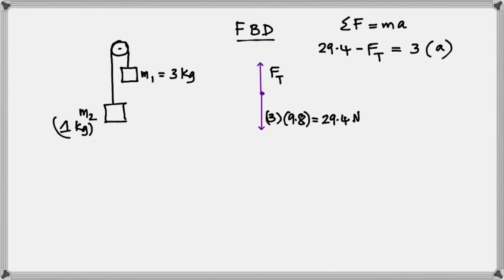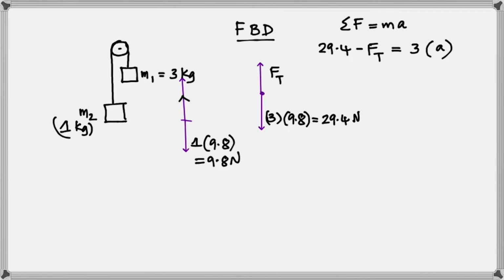Look at the second object now, M2. Let's draw the free body diagram for that. Now for that one again, there is the weight and there is the tension, but the difference is going to be which is bigger. Therefore, when you take the net force for the second object, let me label it first. This is 1 times 9.8, which is 9.8 Newton.